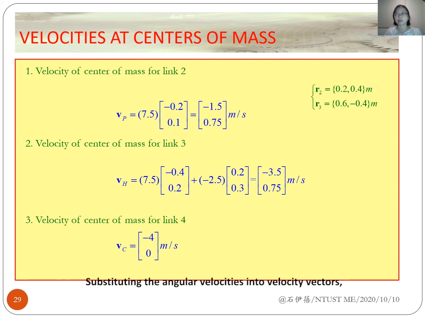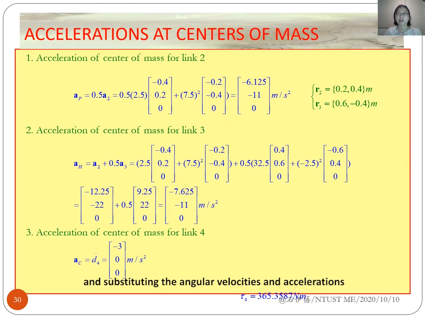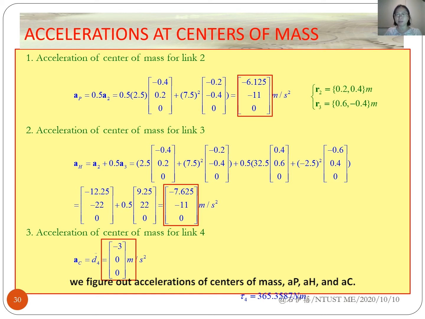Substituting the angular velocities into velocity vectors, we can get velocities of centers of mass Vp, Vh, and Vc. And substituting the angular velocities and the accelerations into acceleration vectors, we figure out accelerations of centers of mass AP, AH, and AC.